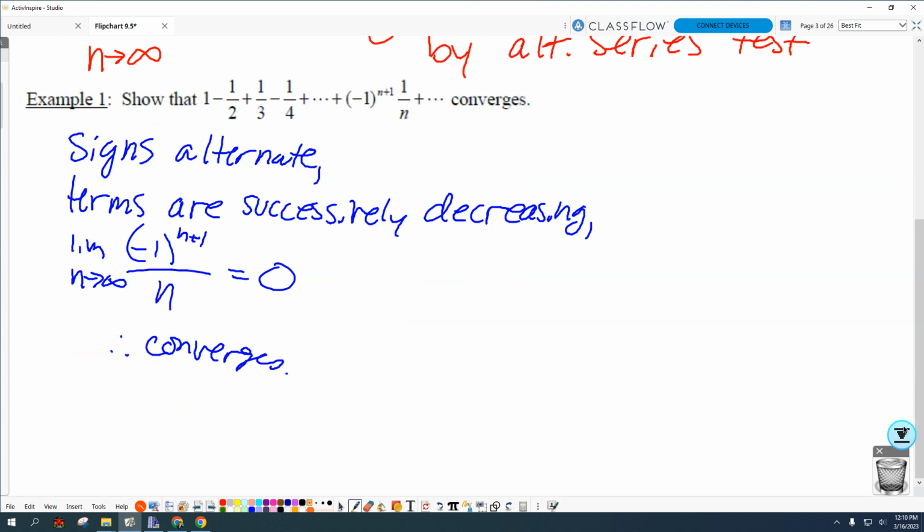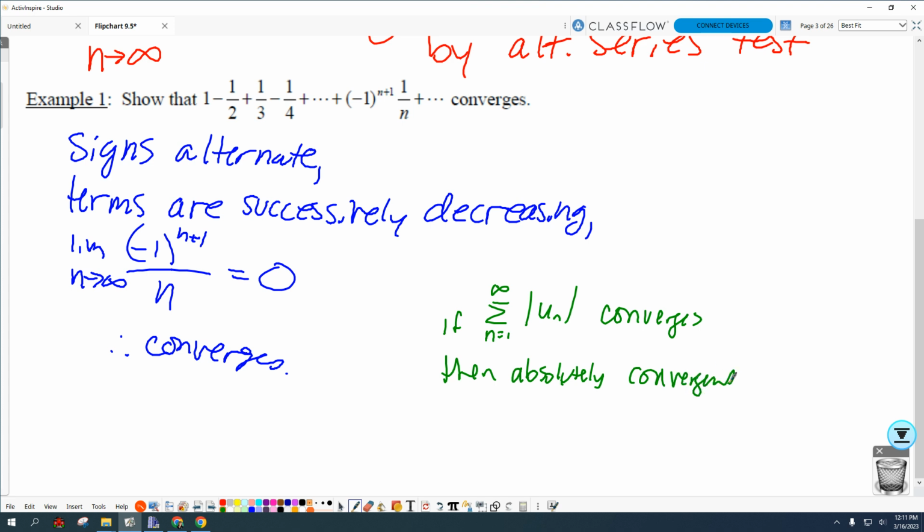And a couple days ago, we did this thing, conditionally or absolute. And I said, if the absolute value of those things converges, then it's absolutely convergent.